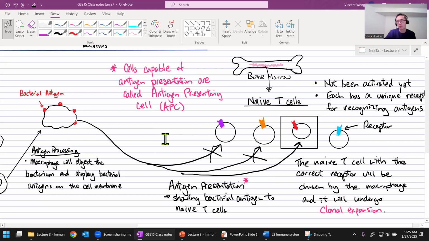There's no conflict with these labels. Like you can be a father and a son at the same time, and also be a student, or you might be an uncle, right? Yeah, husband, exactly. Thank you. So there are many different labels depending on the situation. APC, phagocytes, granulocytes, they're just different labels describing the function of the cell.